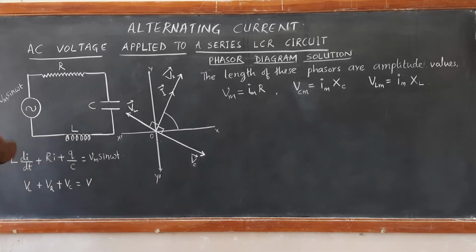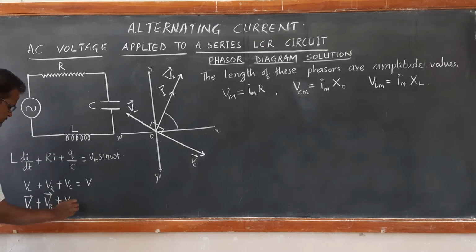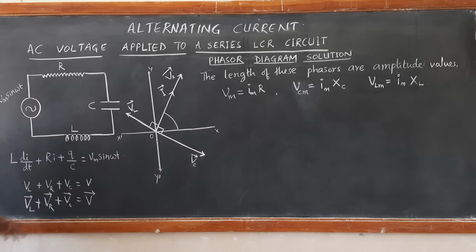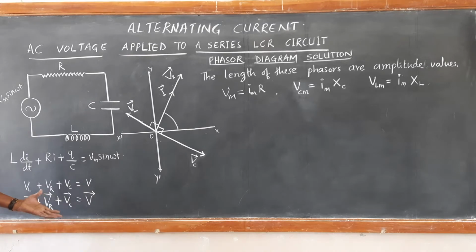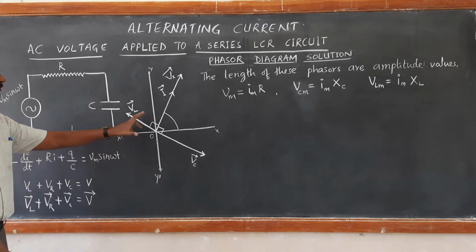So, if we write the same thing in terms of the phasors, then you can write VL phasor plus VR phasor plus VC phasor is equal to the resultant voltage phasor. These are the phasors. Although they have vector notations, phasors are nothing but rotating vectors with some constant angular speed omega about the origin.